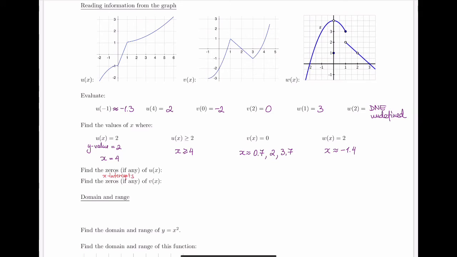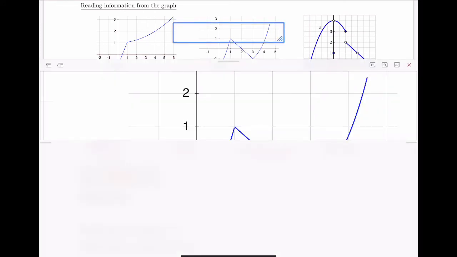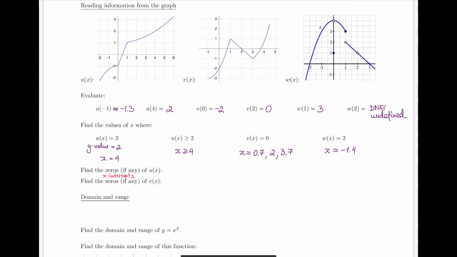Because we are given the graphs, it's easier to think of that term as being the x-intercepts. So for u of x, where does this function intersect the x-axis? It does so at one point right there, which is approximately, let's say, 0.5. So x is approximately 0.5 here.